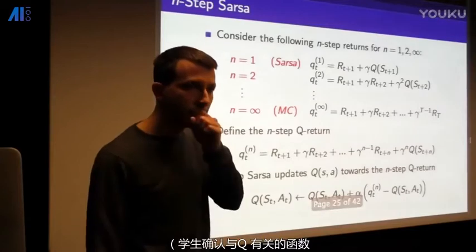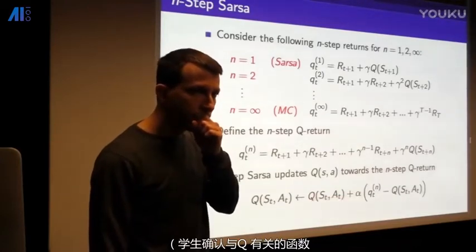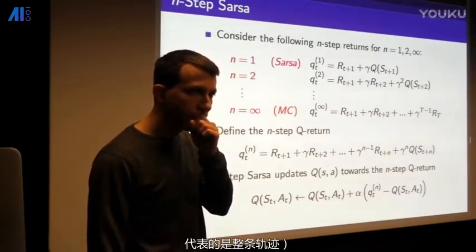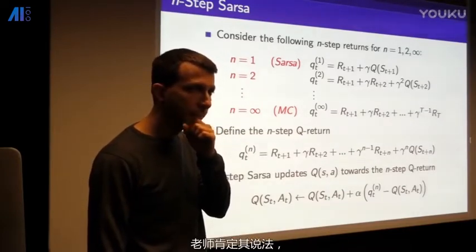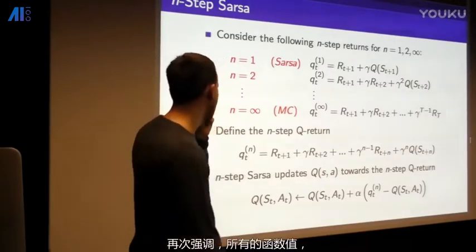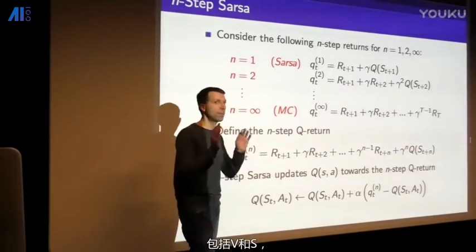Yeah? So just as a reminder, the Q function represents the estimate of the whole trajectory from S_t using action A_t, right? Not trying to estimate only the one step. Yeah, that's right. So let me be clear about that.